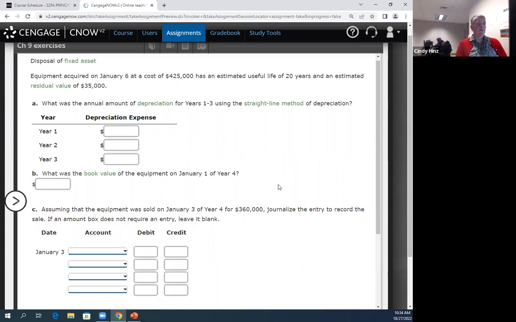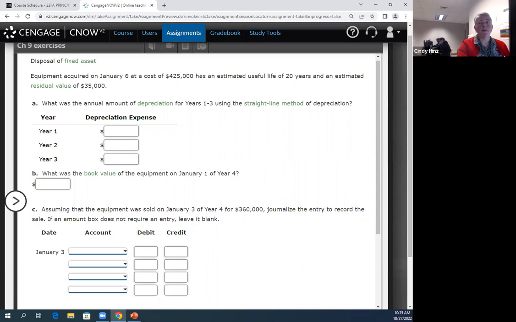And so that's what we're going to be doing in part A and B. Equipment acquired on January 6th, so first half of the first month of the year, at a cost of $425,000, has an estimated useful life of 20 years and an estimated residual value of $35,000. In part A, we assume we're using the straight line method of depreciation, and we need to calculate the depreciation expense for each of the first 3 years.